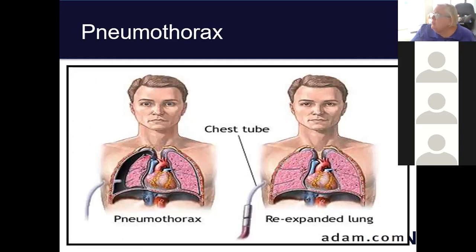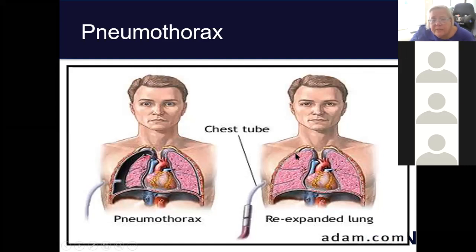How do you treat a pneumothorax? Well, there are small ones that they will let heal on their own. But in general, we place a chest tube, and the chest tube goes through the chest wall over here on the left-hand side as you're looking, and the tip of it goes into the pleural cavity, and via vacuum suctioning, it reinflates the lung and slowly sucks the excess air out, again, reinflating the lung.